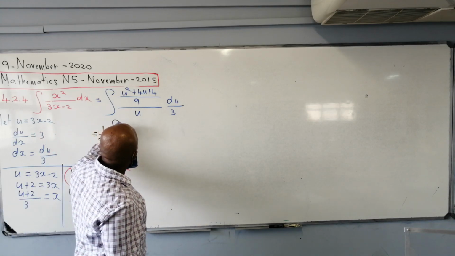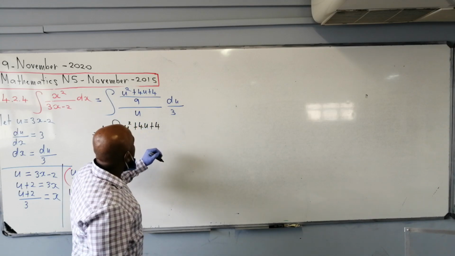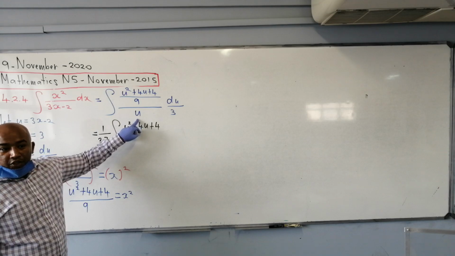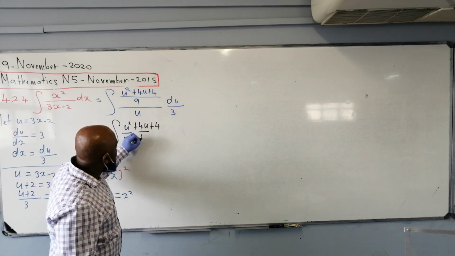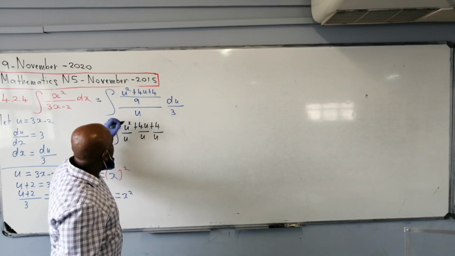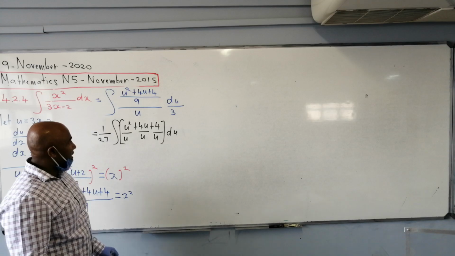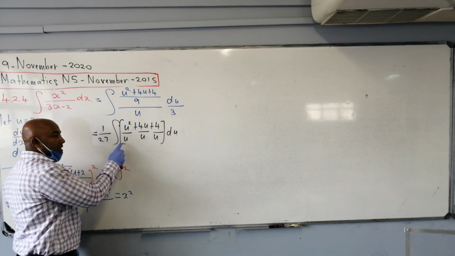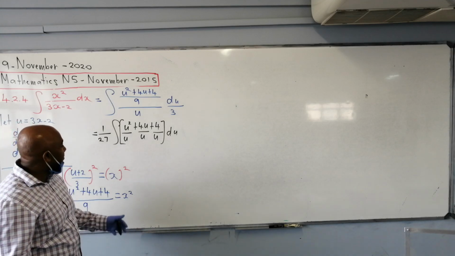Okay, and this is going to be u squared plus 4u plus 4, all divided by u, but I'm going to separate it into fractions. All divided by u, but I need to divide each one individually so I can cancel them.